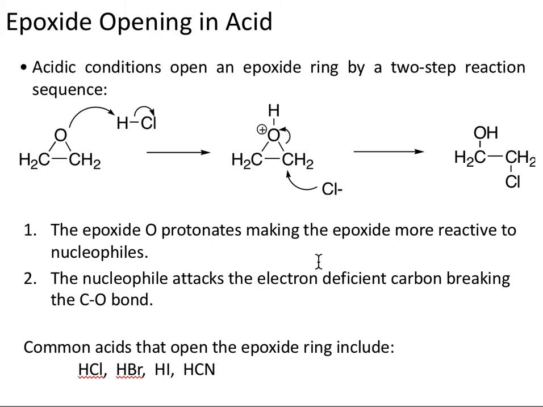So one thing I want to point out is when your nucleophile here is a halide, your final product is going to be what is called a vicinal halohydrin. A vicinal halohydrin generally is just any molecule in which you have a halide and an OH group on adjacent carbons. And I point this out because in basic conditions, a vicinal halohydrin will actually participate in the reverse reaction to form an epoxide.